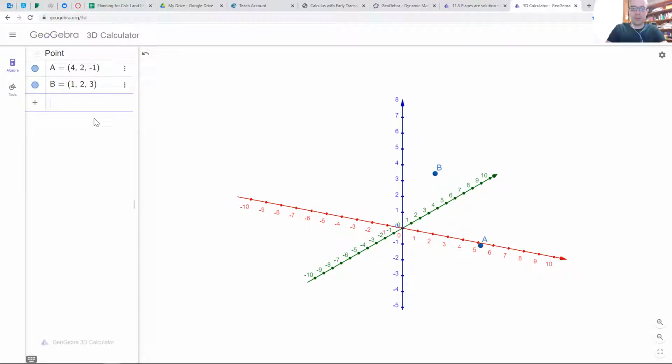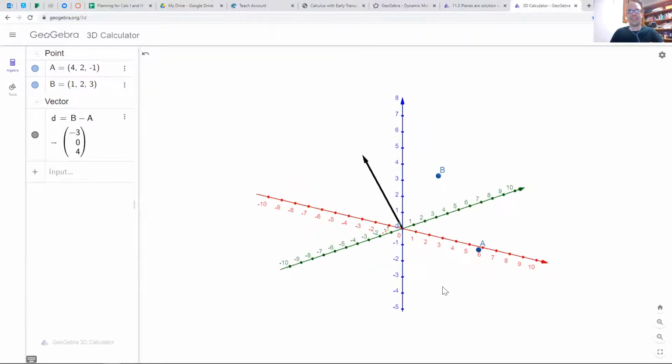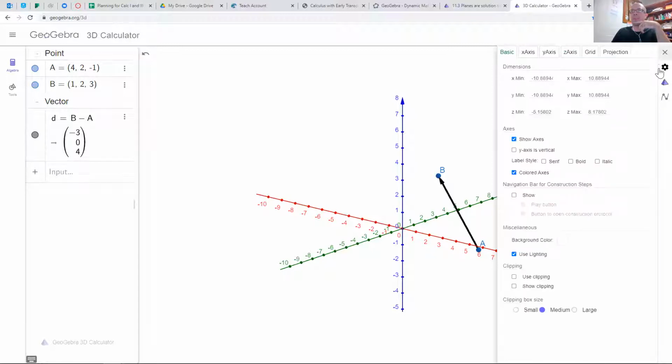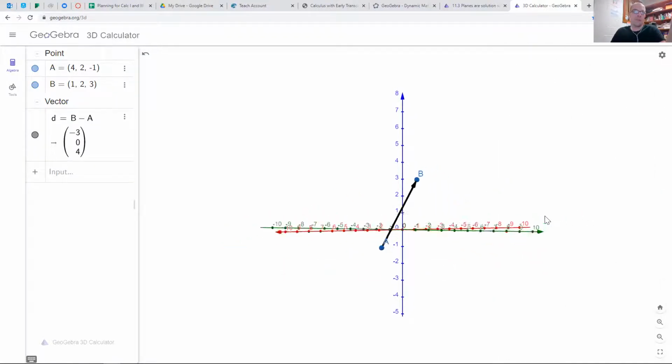We do direction vector, let's call it little d, equals B minus A. There's a vector, and if we wanted to, we could even change the position of this vector by going to its settings and saying, start at the point A so that the vector looks like it goes between the 2 points.